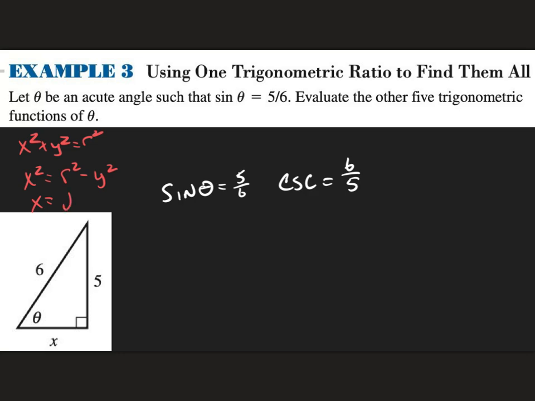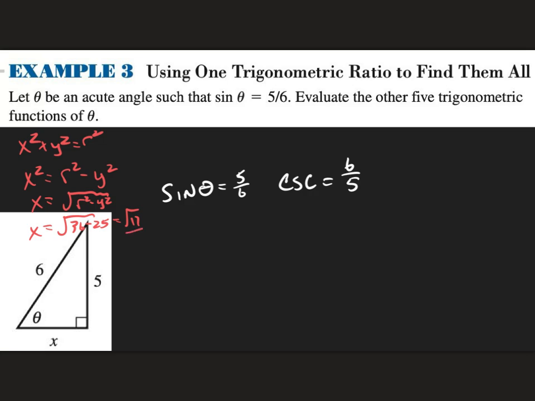X equals the square root of r squared minus y squared. X equals the square root of 36 minus 25, which equals the square root of 11. And I'm going to stop right there because 11 is not a perfect square, and the answer is irrational. So we're going to leave it exact as root 11.